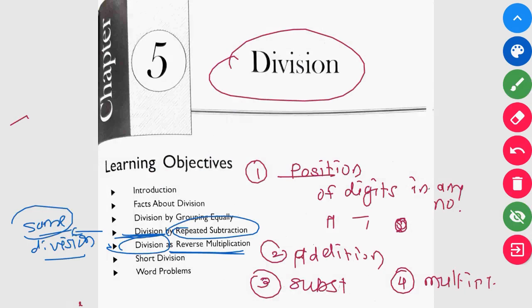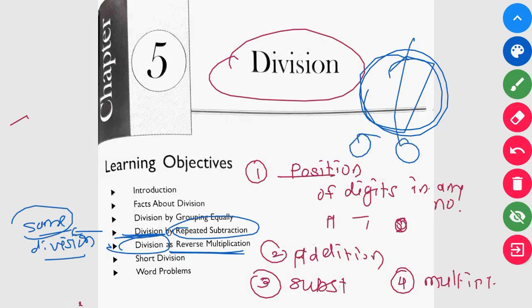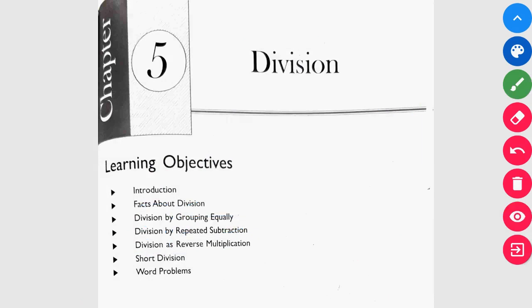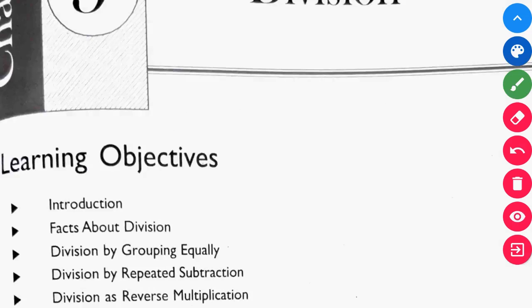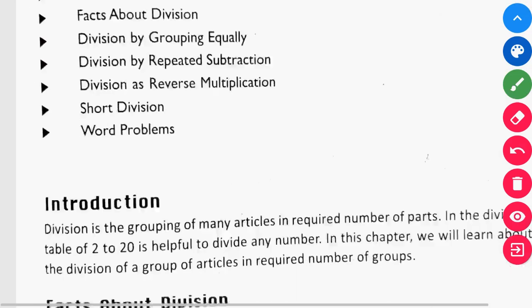Or see, if some group is there and we divide that group equally among the participants in an event or anything, then division by grouping equally is known as division. It is nothing but the grouping of things or persons or anything equally.